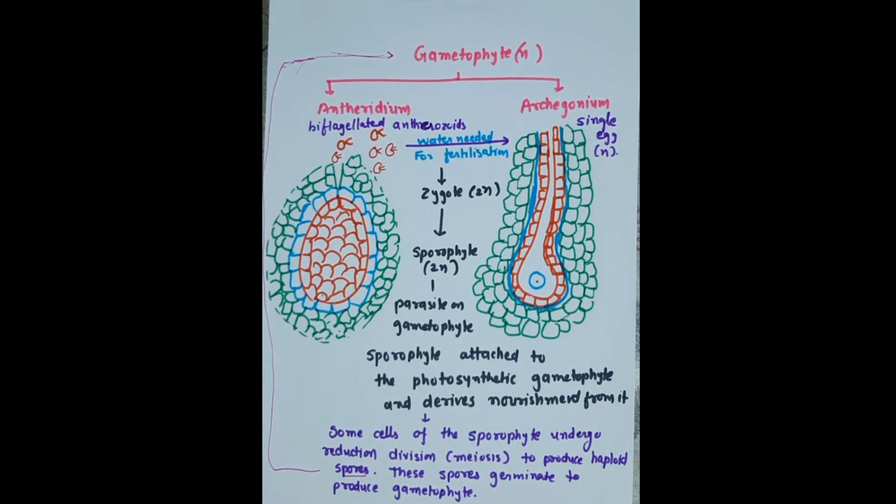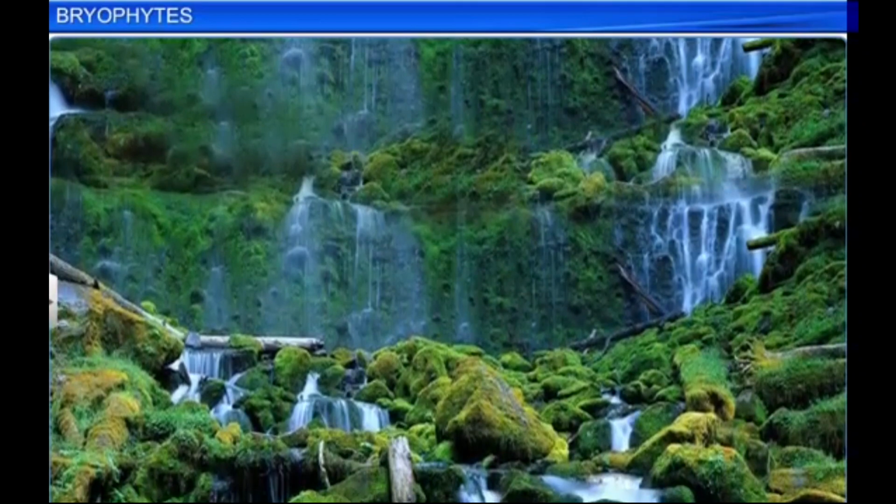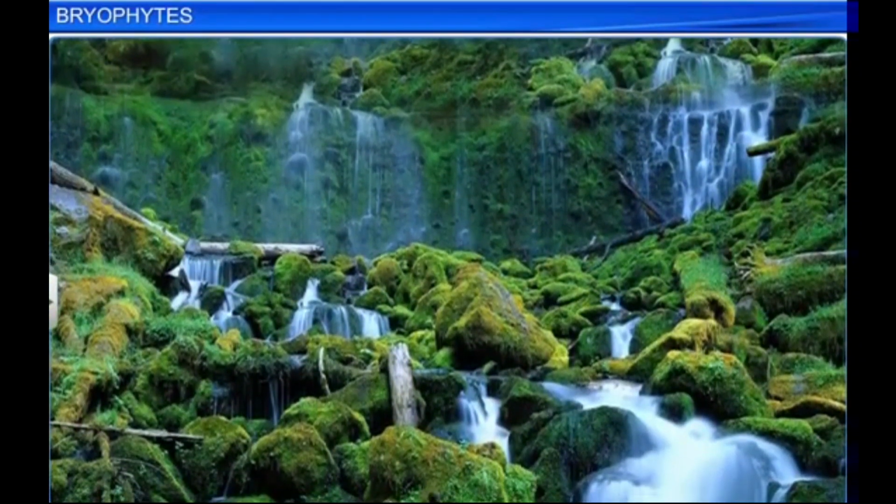So this is about reproduction: antheridium, archegonium, antherozoid, egg cells, right? About bryophytes. It is common to see a green cover growing over rocks, bricks and walls after heavy showers.